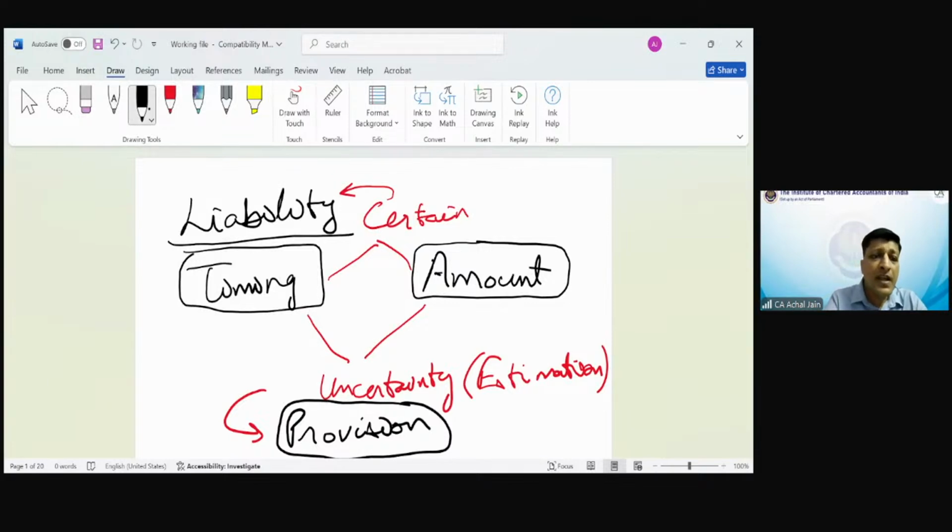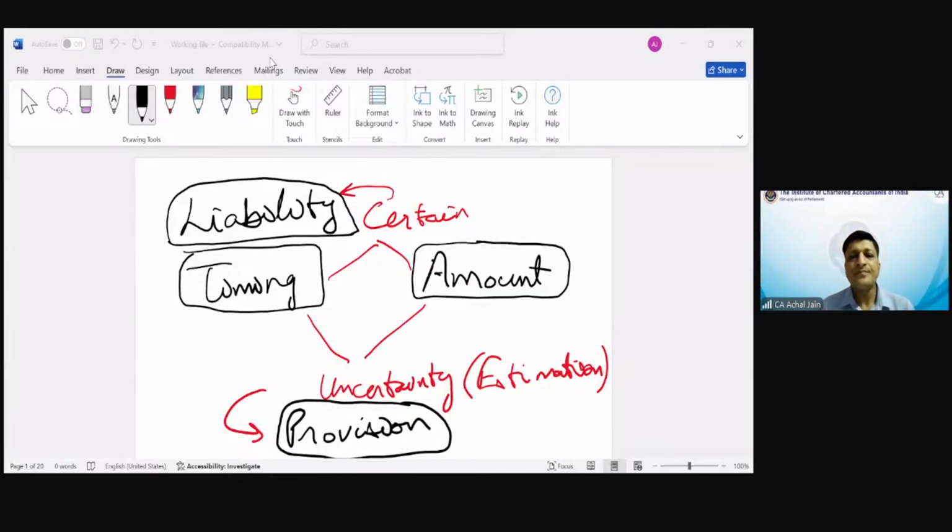Understood? So there is a difference between liability and provision. And what is that difference? The difference is this uncertainty, which brings in the estimation in respect of these two elements, the timing or the amount or both of them.